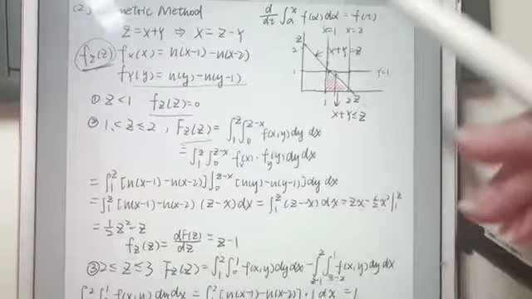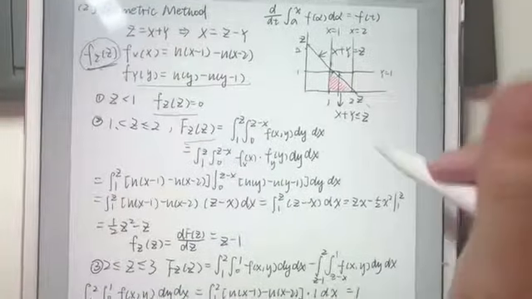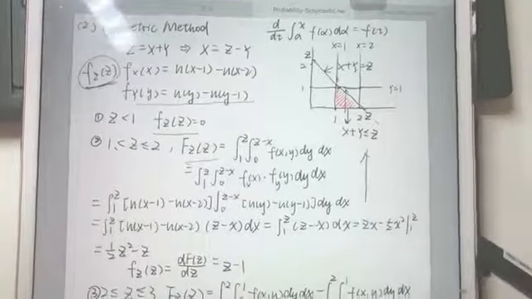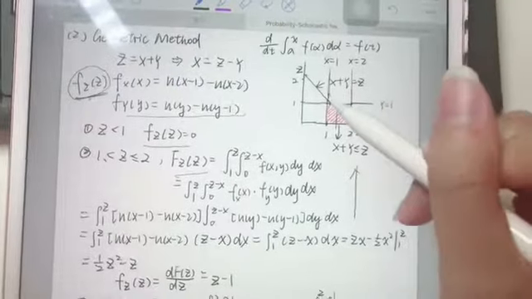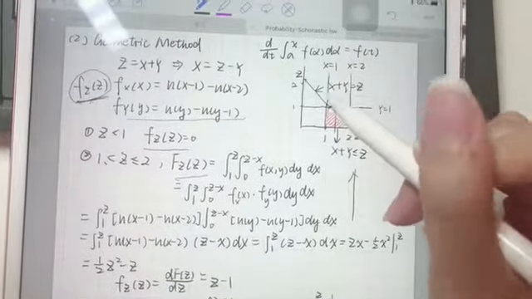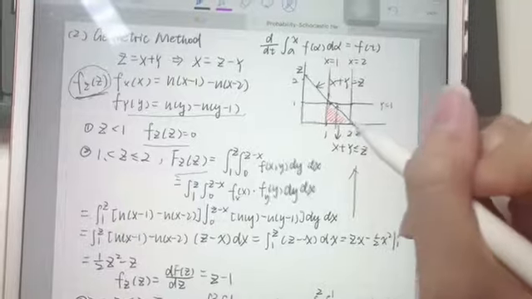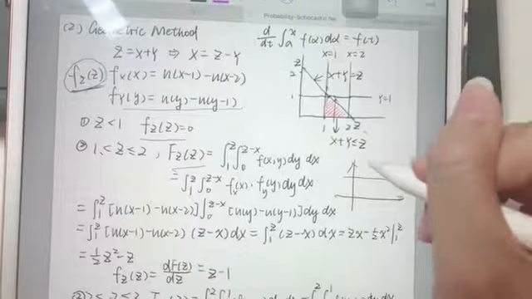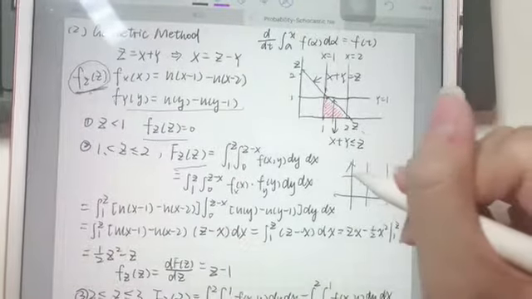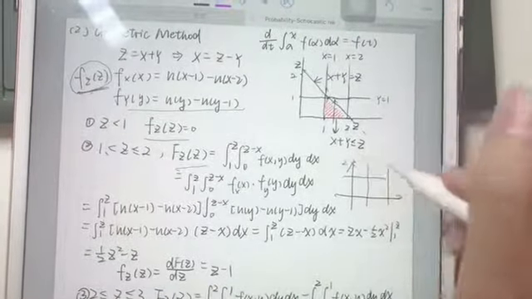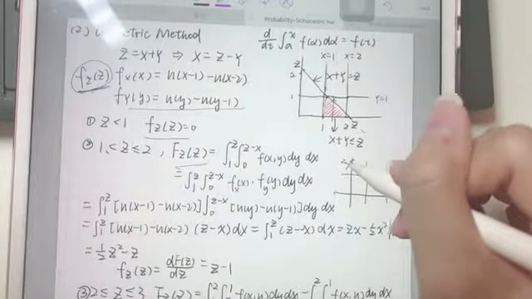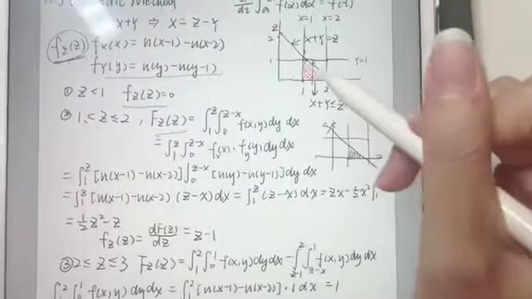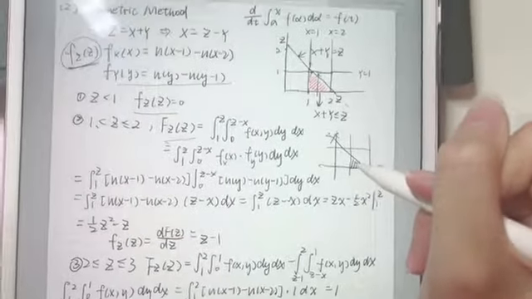When z is between 1 and 2, it's like this situation. The shaded area will be like this one.